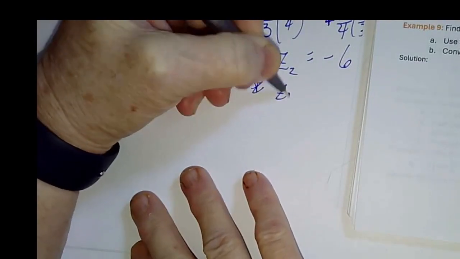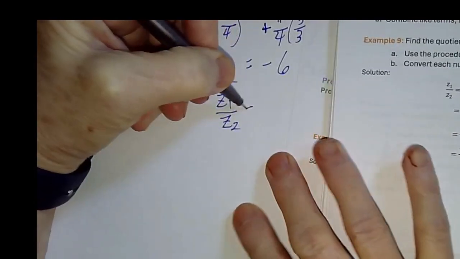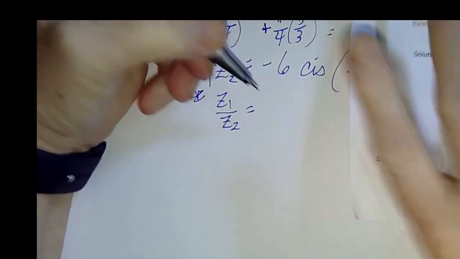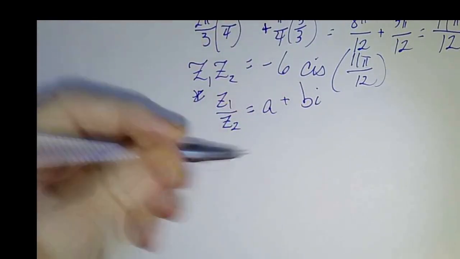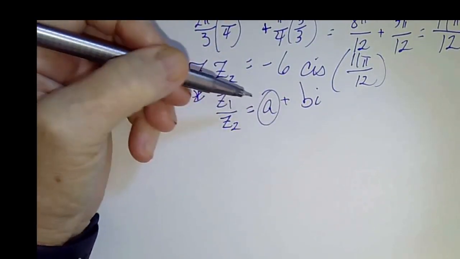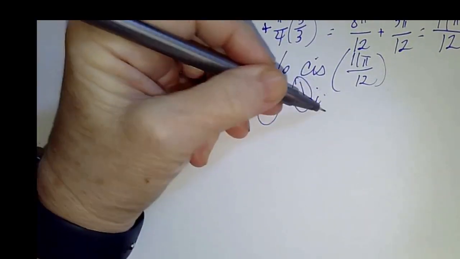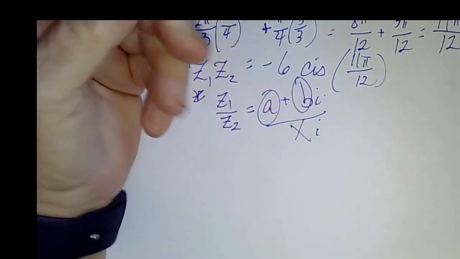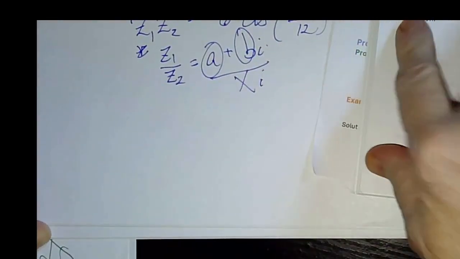I want z1 divided by z2 to be in the form, I'm going to use a and b again, a plus bi. In other words, I want one number that is the real part and another number that's multiplied by i, no i's in the denominator. So what we're going to do is multiply by the conjugate of the denominator.